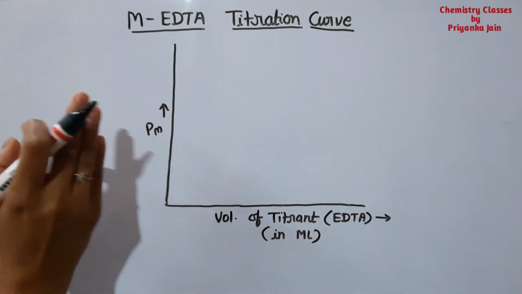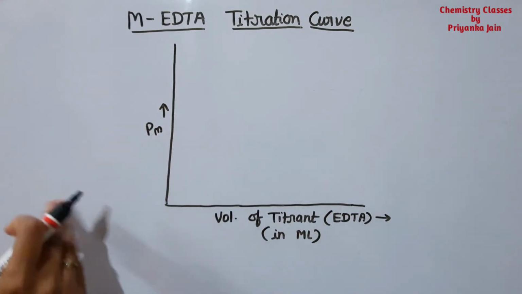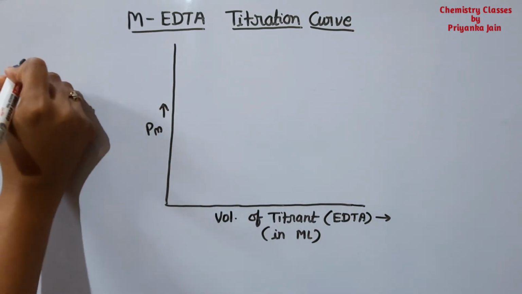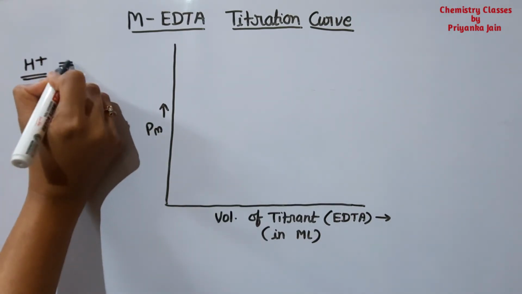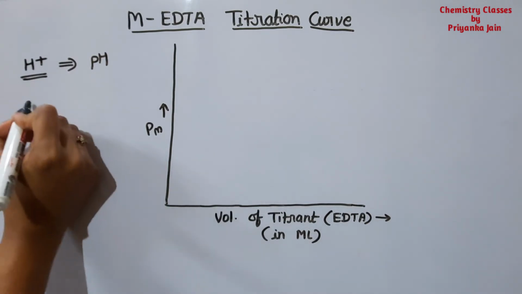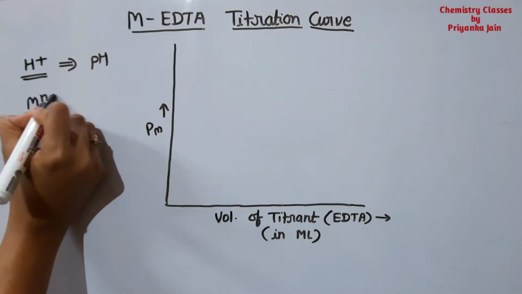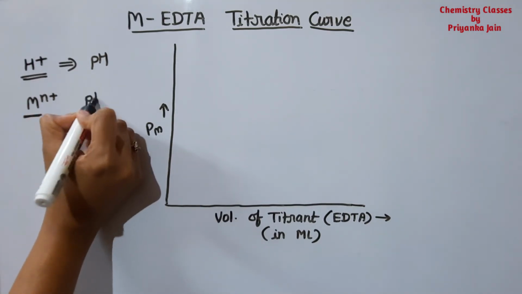You know that in an acid-base titration we see the change in the concentration of H+ ions, so we use pH on the y-axis. Similarly, here we are seeing the change in the concentration of metal ions, so we use pM.